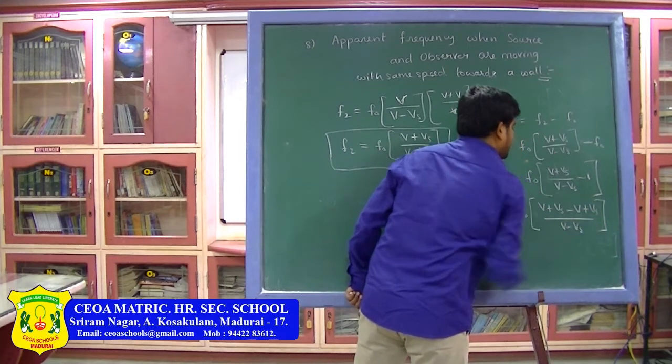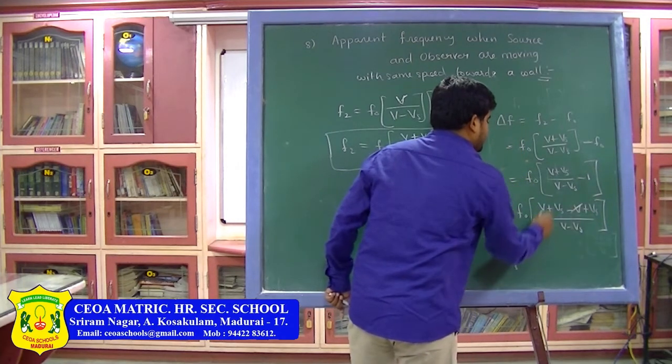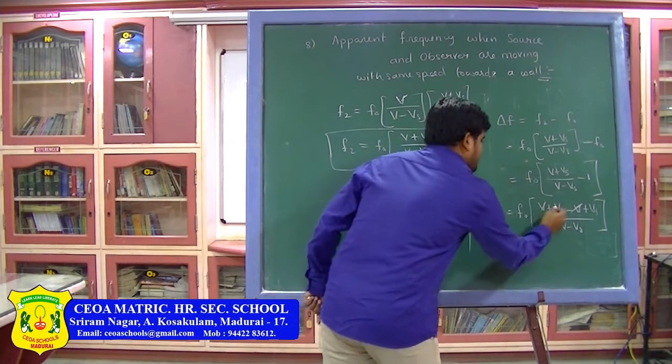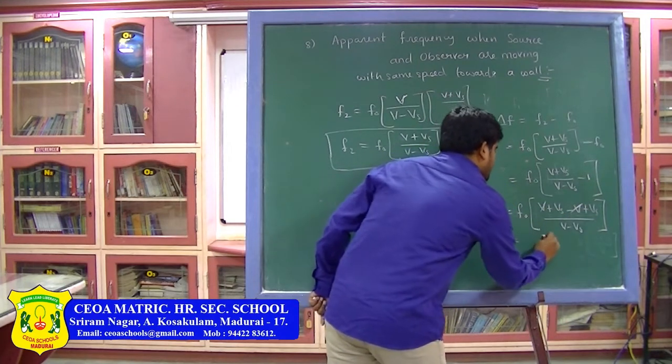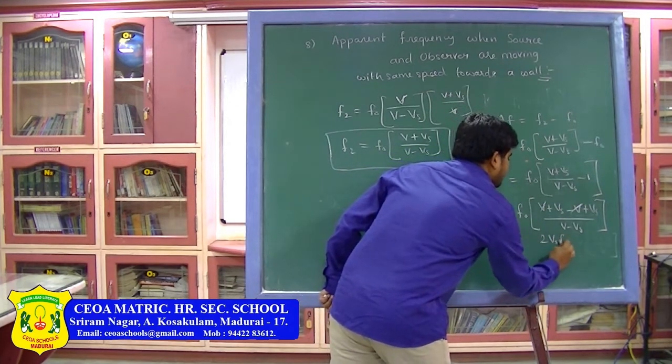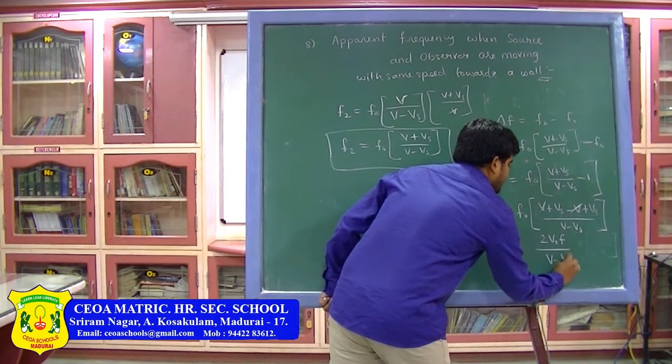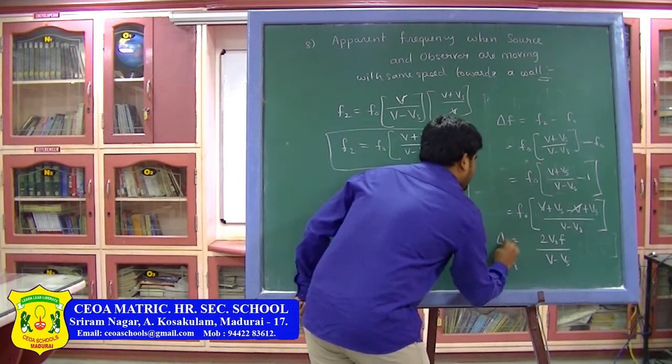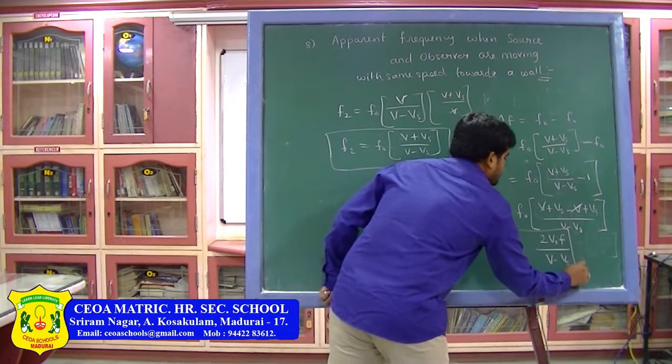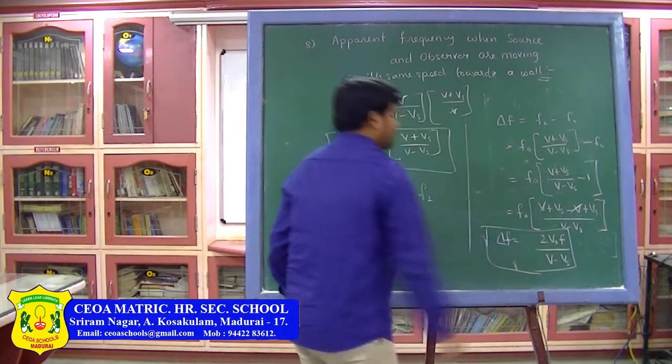Minus V and plus V get cancelled, so Vs plus Vs is 2 Vs. So, it will be 2 Vs into F divided by (V minus Vs), which is the required beat frequency.